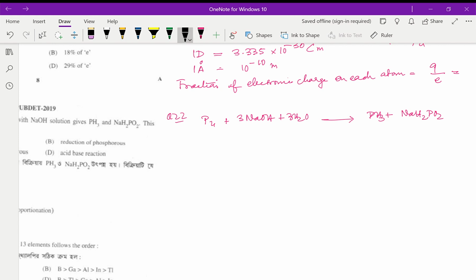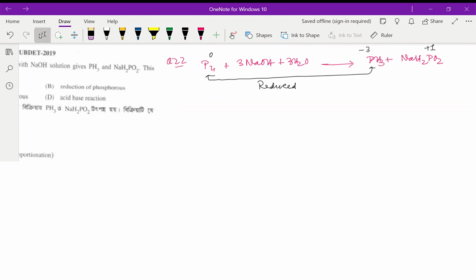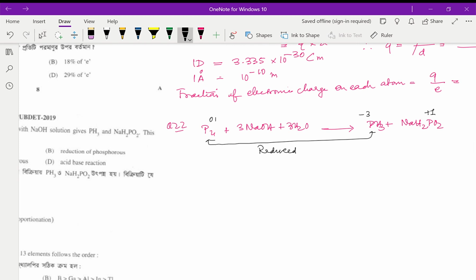If we use the oxidation number method and try to find out the oxidation number on each of the elements, this is 0, and out here this is minus 3 because hydrogen is plus 1, and for phosphorus in NaH2PO2 it will come out to be plus 1. So here a portion of the phosphorus is getting reduced, and a portion of the phosphorus is getting oxidized.